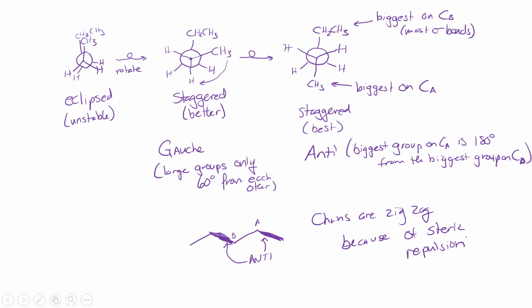So steric repulsion is the reason that there's zigzag, and what that's doing is minimizing the repulsion between the electrons in those sigma bonds. And so when we draw linear chains like this, we always draw them in this zigzag fashion because that's what they actually look like. And the reason that they do that is to avoid these types of interactions, right? They want to be 180 degrees opposite each other so that these big groups have all kinds of space to move around in and not repel each other.